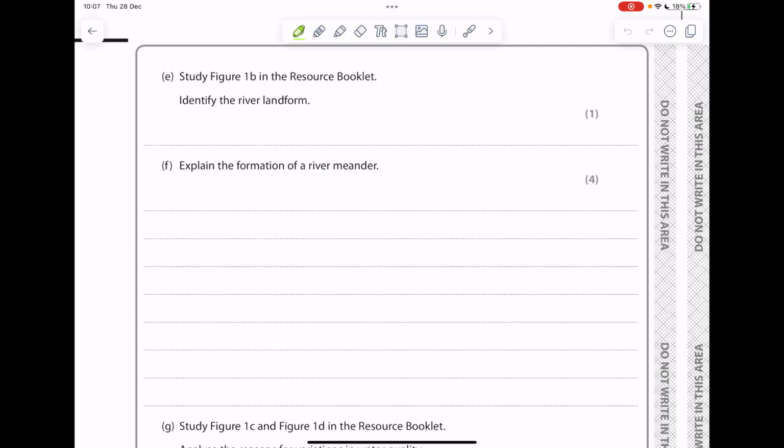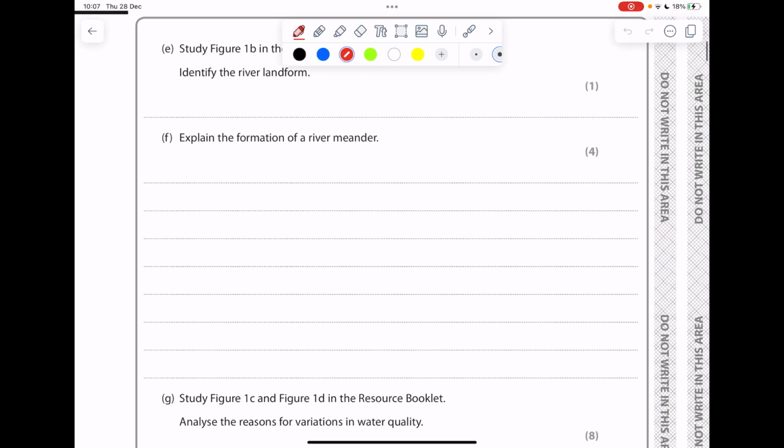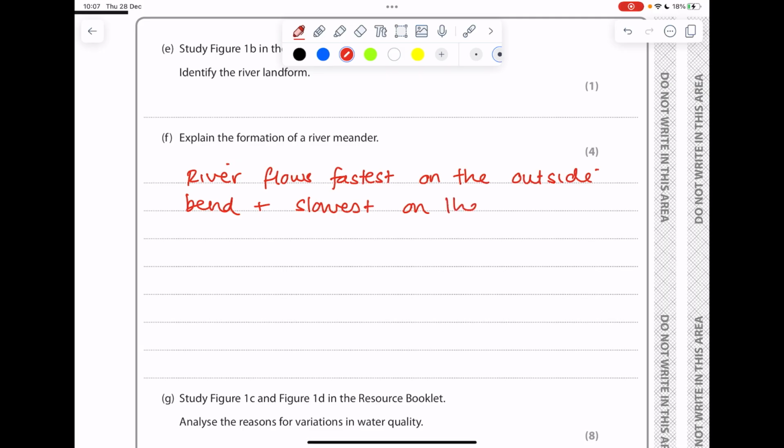Explain the formation of a river meander. So we'll start by talking about how fast the river's flowing on both the outside and inside bend. Remember that the river flows fastest on the outside bend. And then make the full comparison, and slowest on the inside bend.